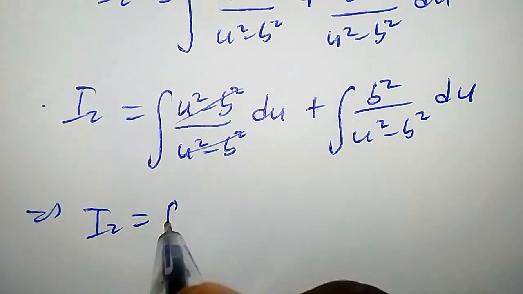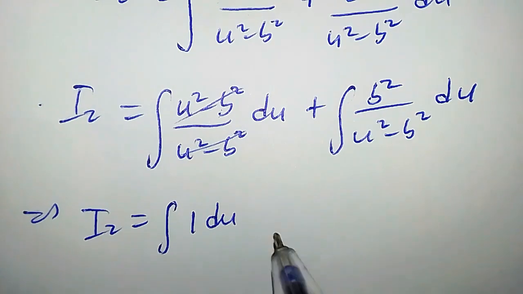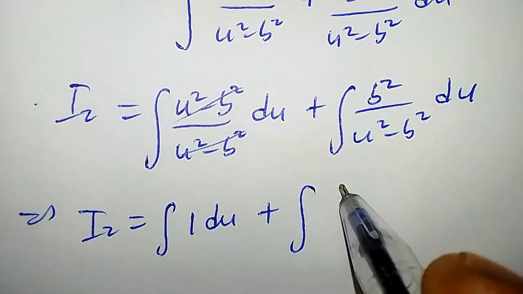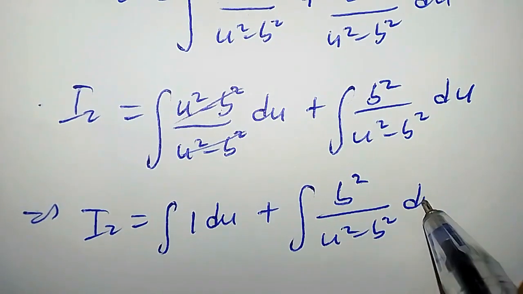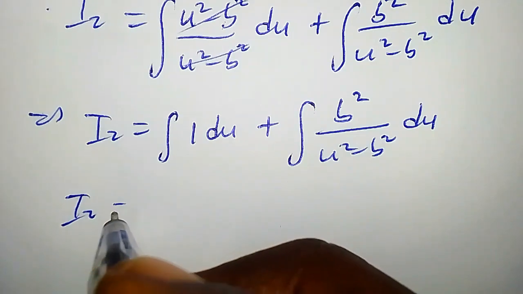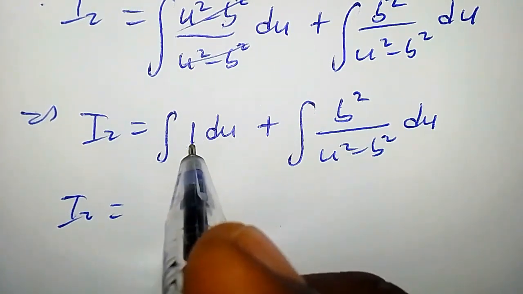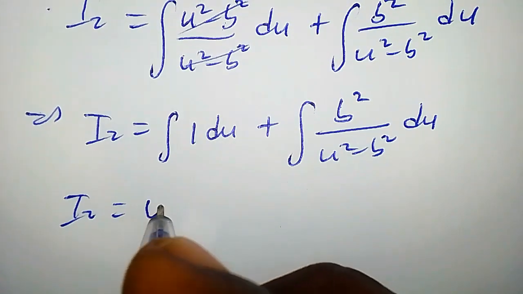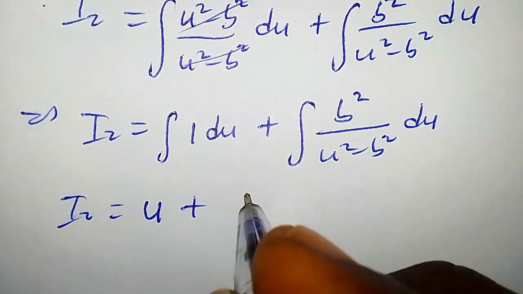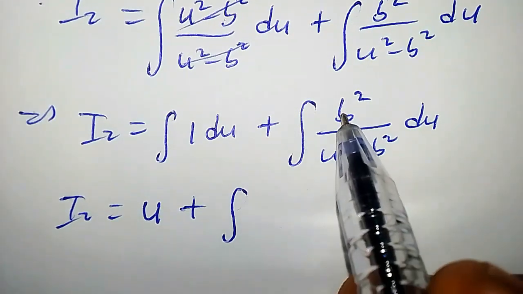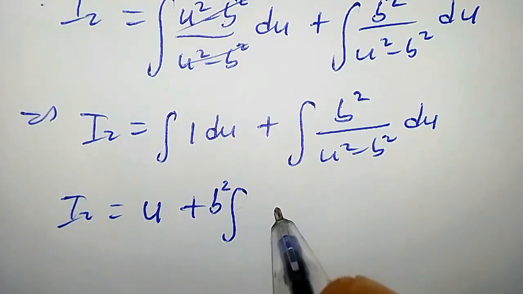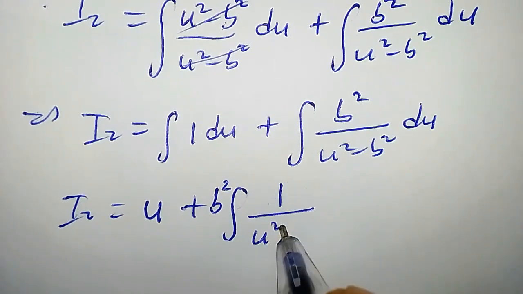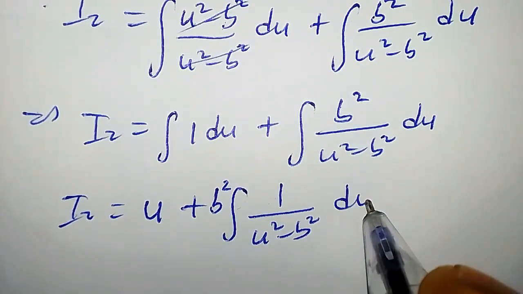We are left with the integral of 1 du plus the integral of b squared over u squared minus b squared du. I2 is equal to, what is the integral of 1 with respect to u? That is u plus the integral of, we can factor out b squared as it is a constant. So we have b squared times the integral of 1 over u squared minus b squared du.